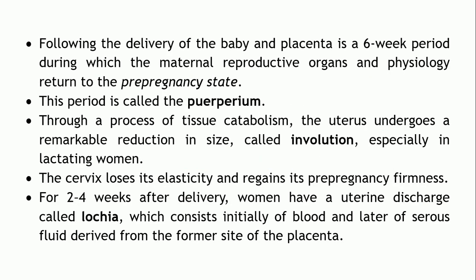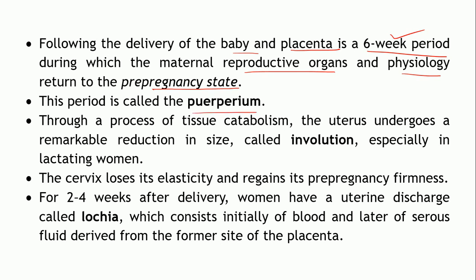Now after the childbirth has taken place and after the expulsion of the placenta, a 6-week period is required for all the reproductive organs and their physiology to return to the pre-pregnancy state. So it takes 6 weeks for it to come back to normal, and this is known as puerperium.